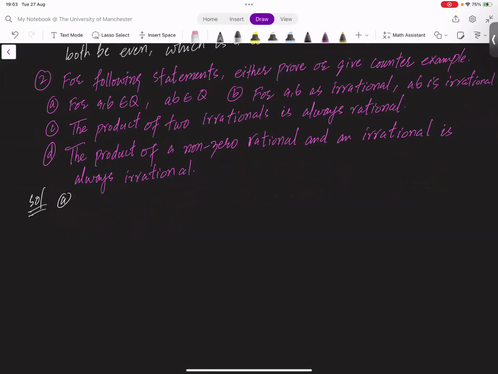Part A says that for a comma b in rational numbers, ab is a rational number. So this is true. Let's say if x is m over n and y is p over q, and so x comma y is mp over nq is also in rationals.